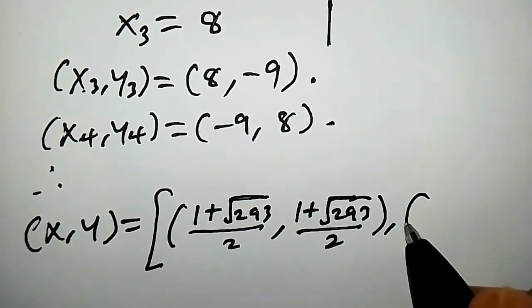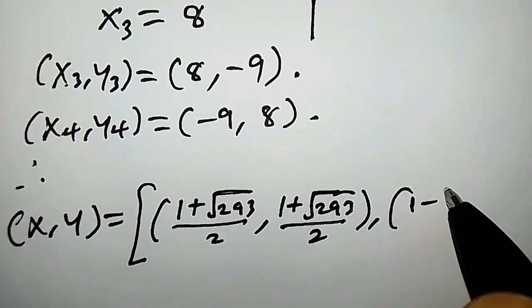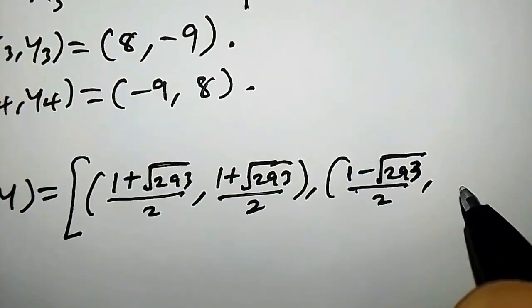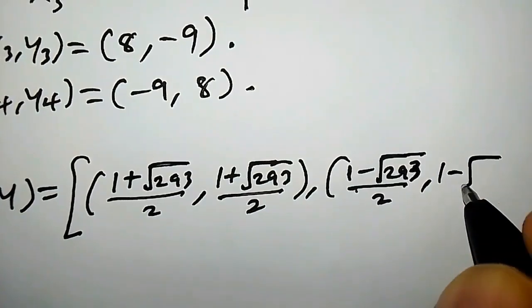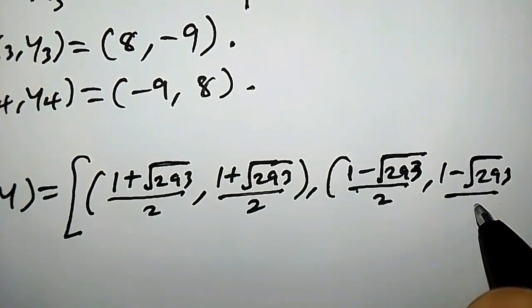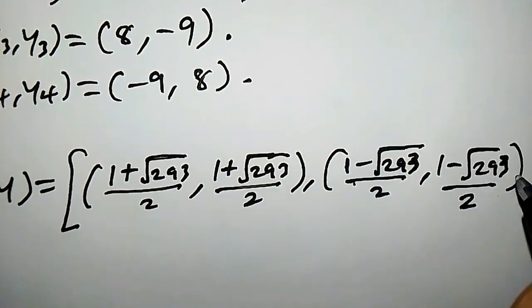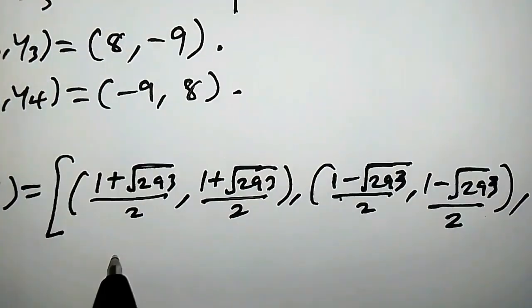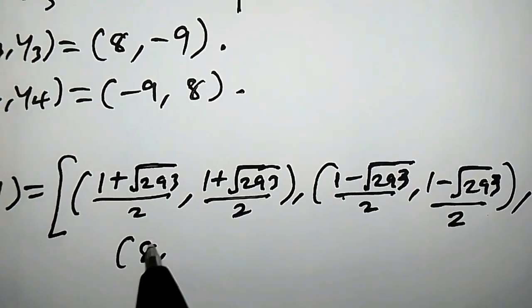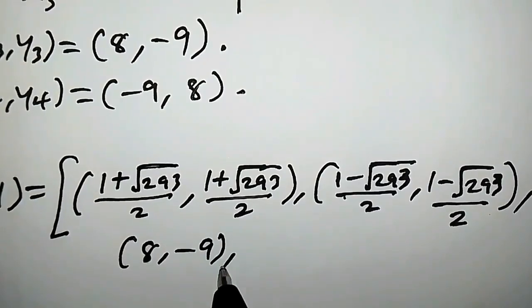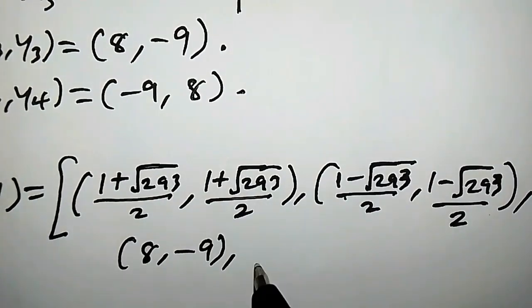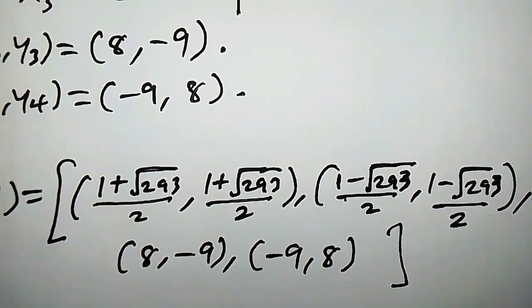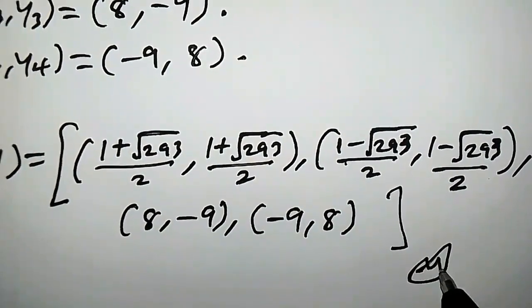And the second solution happens to be (1 minus root 293) divided by 2, comma (1 minus root 293) divided by 2. And the other solutions are 8, comma negative 9, and the fourth solution is minus 9, comma 8. These are the required solutions for this algebra problem.